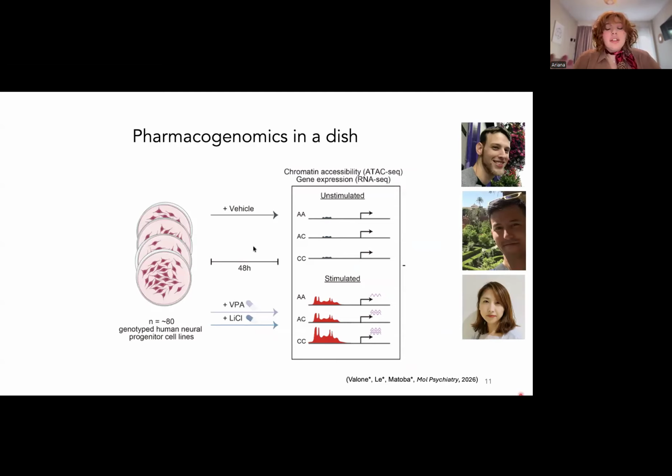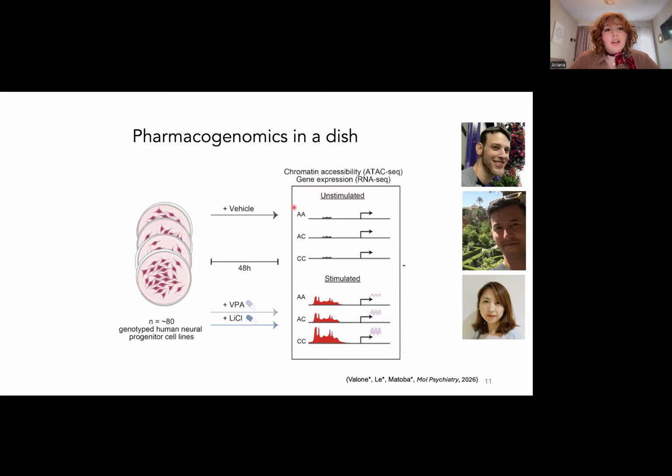To begin answering this, I want to talk about recent work from our lab led by two previous grad students, Ran Lee and Jordan Ballon, and our bioinformatics expert, Nana Matova. In that study, they exposed primary human neuroprogenitor cells from 80 individuals to valproic acid and lithium or vehicle for 48 hours.